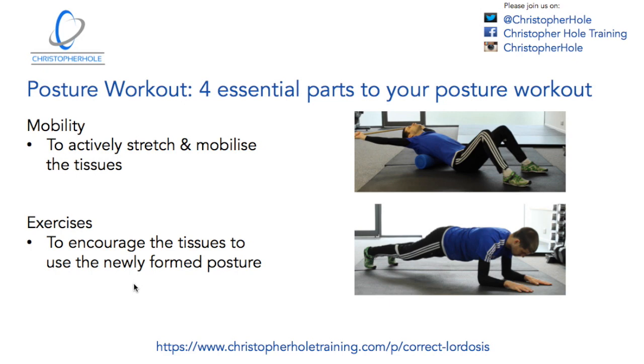Strengthening the tissues is very separate to what I'm talking about now. I'm just talking about, first of all, making the tissues available to be able to go into a better posture. Then we're training the brain with exercise to encourage that new posture. And then we're basically just strengthening around that posture with the strengthening exercises, which would come as the next component to reinforce it.